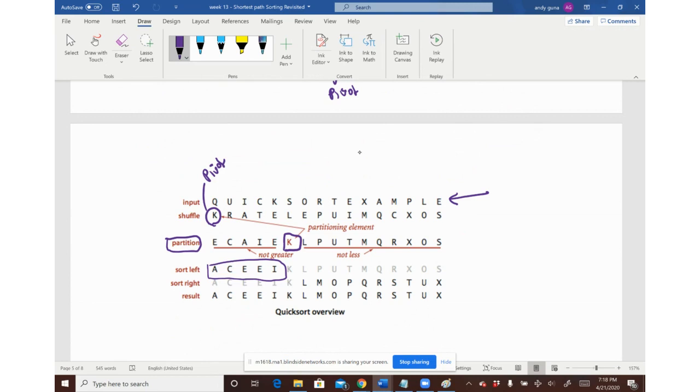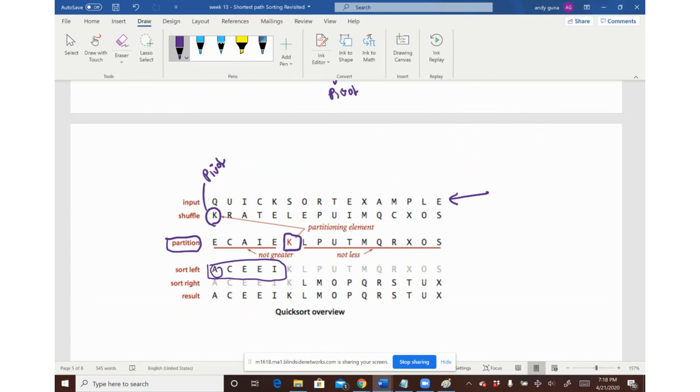We again pick a pivot. Let's say we pick the pivot A, which is a bad pivot, because if you partition it, all the elements are to the right of A, and so you don't really get much of a partitioning. The goal is to break it in the middle, somehow always getting the middle element as the pivot, which is not always going to happen unless you can find the median of the data set, which is expensive to do.